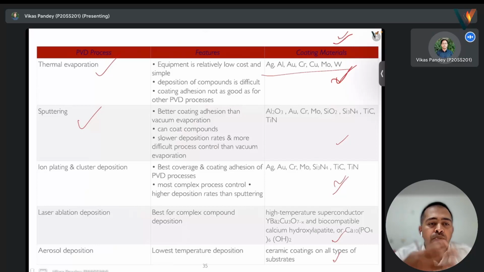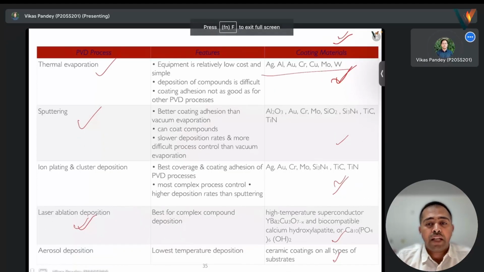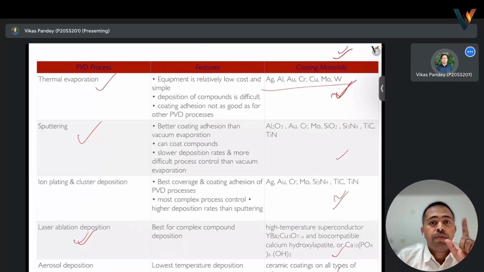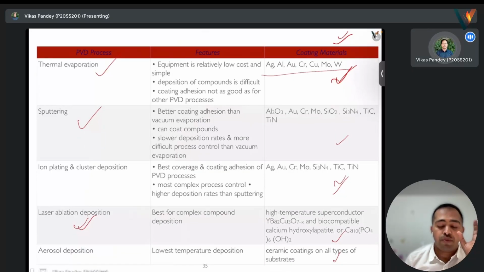Then there are some more techniques that are nowadays becoming more common, that is ion plating, cluster deposition, and laser ablation deposition, which has shown some positive results. Then aerosol deposition. These are some of the techniques used in PVD. PVD is where there is no chemical change.